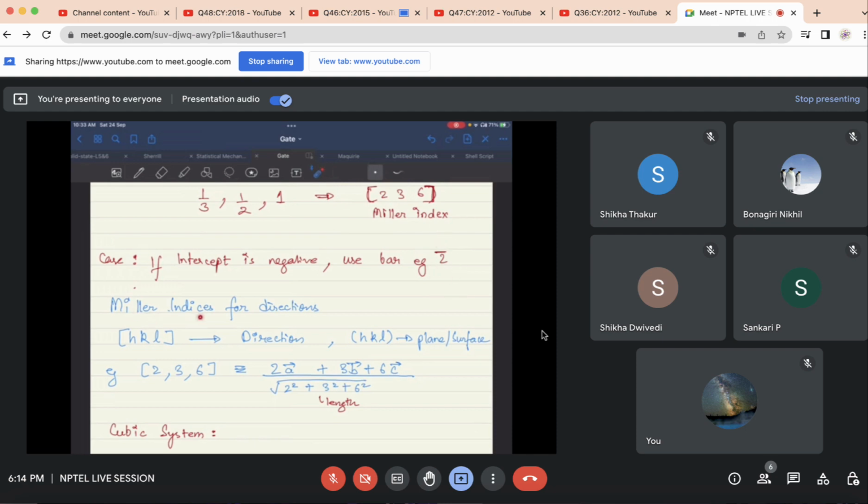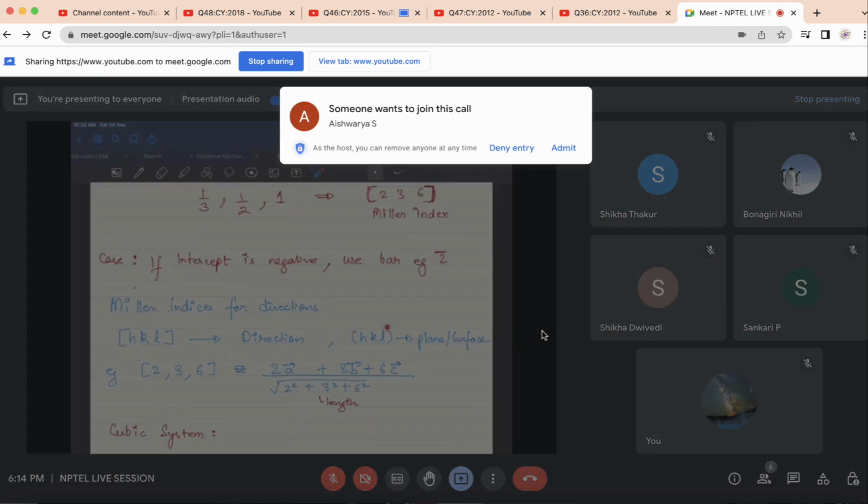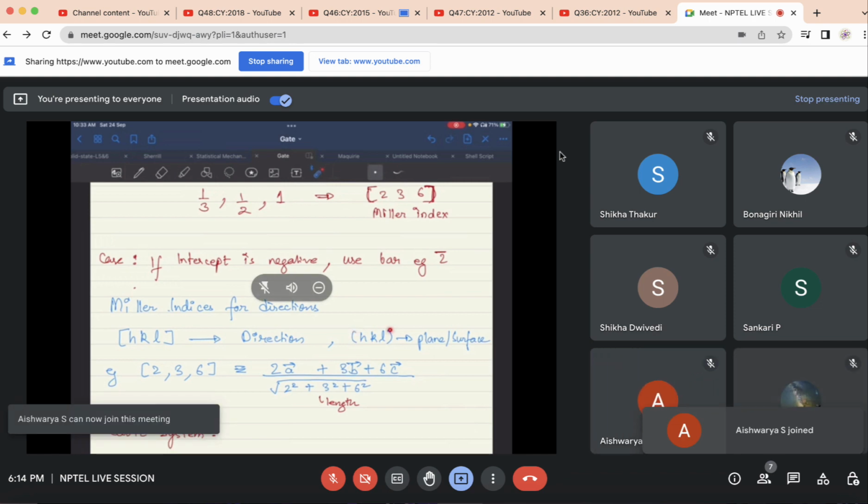Okay. Now the Miller indices for the direction. In square brackets, to simplify and generalize, I can denote 2, 3, 6 here as hkl. So this in square brackets gives me the direction, and if it is in normal brackets, then it will be a plane or a surface.